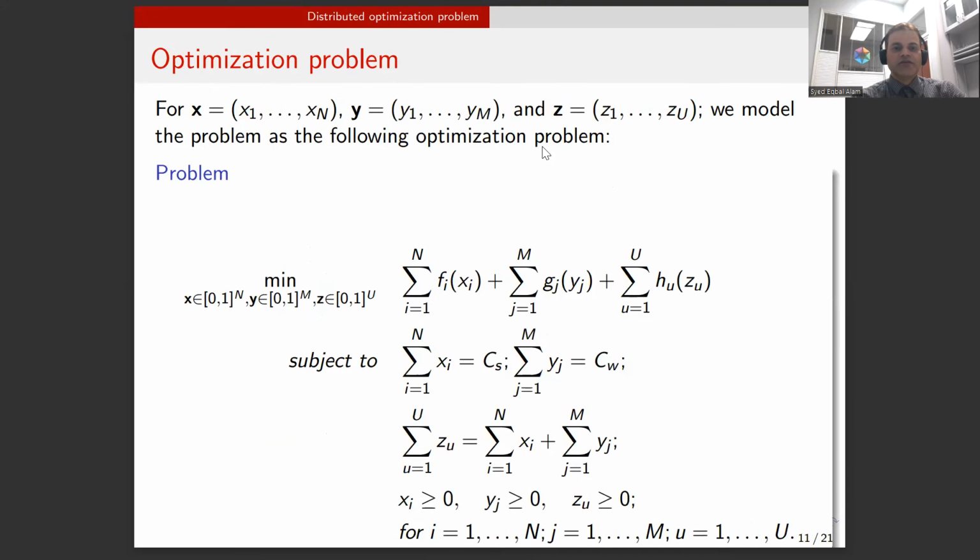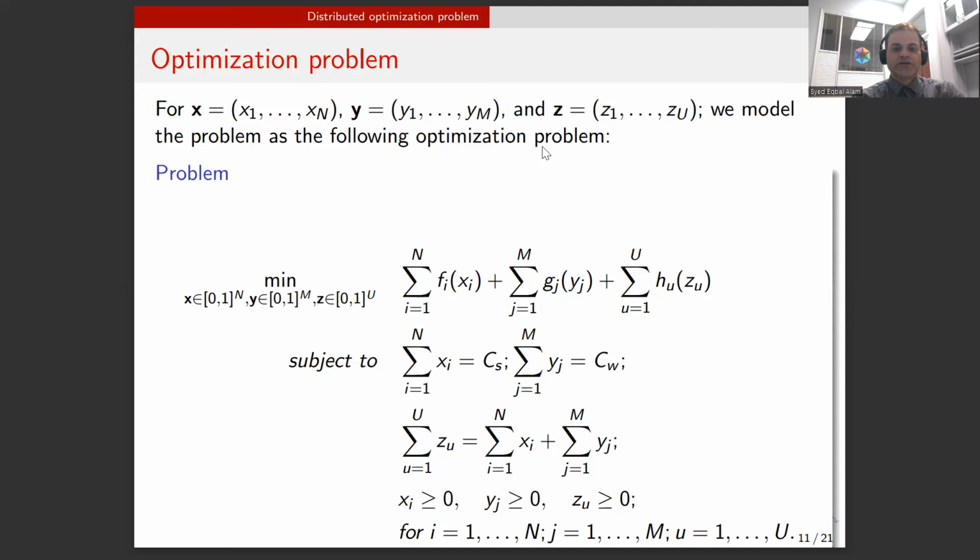Now, a regulation problem can be formulated as the following optimization problem. We denote x as the vector x_1 to x_n, vector y as y_1 to y_m, and z as z_1 to z_U. And we minimize the total cost over the community.